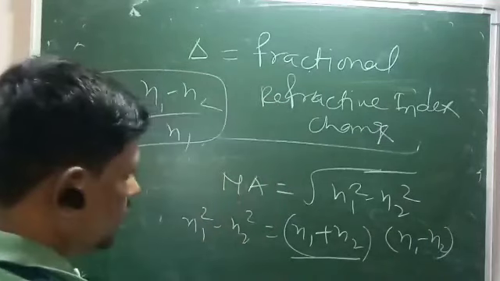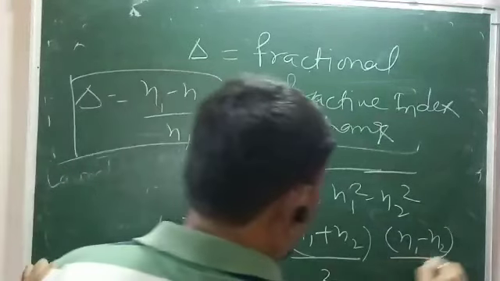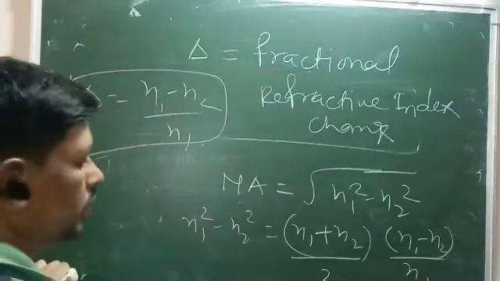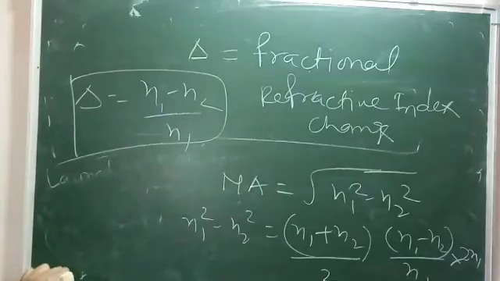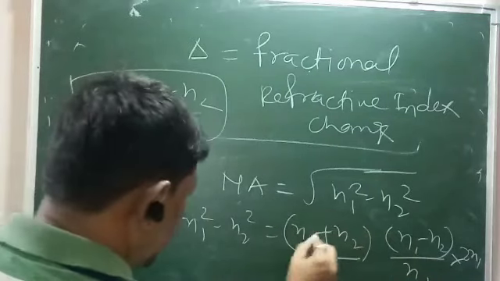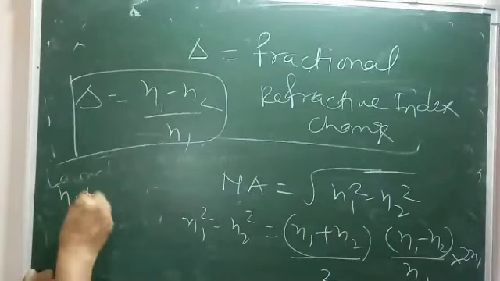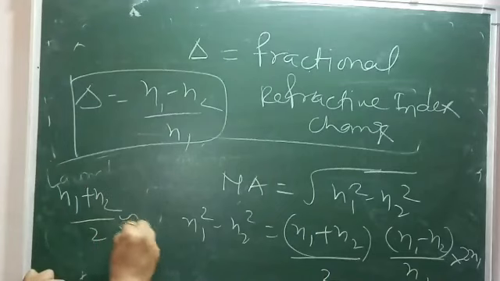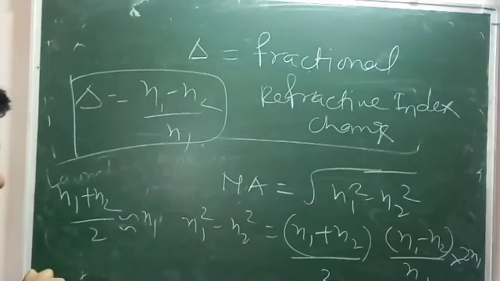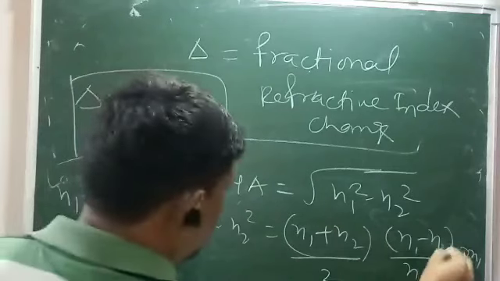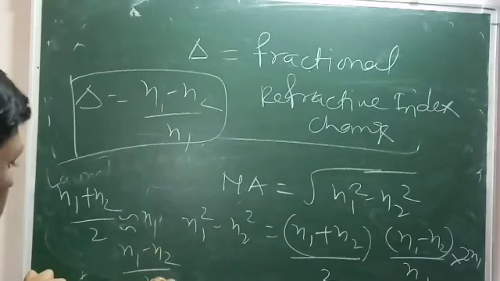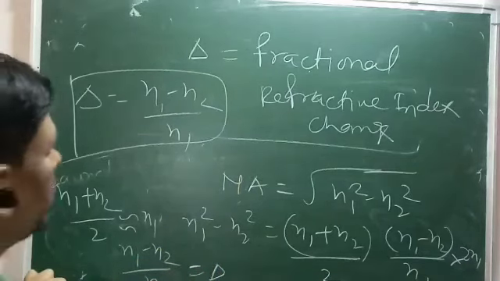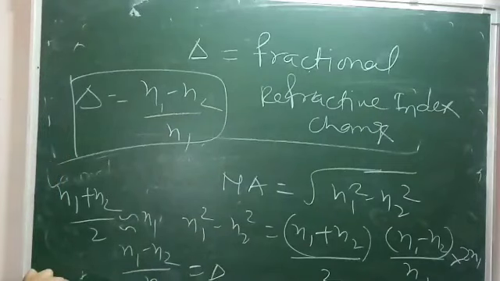Now we can write 2n1 in the denominator and multiply 2n1 in the numerator, and the parameter n1 plus n2 by 2 is equivalent to n1, and n1 minus n2 divided by n1 is denoted as del, as we said earlier. Del is the fractional refractive index change.